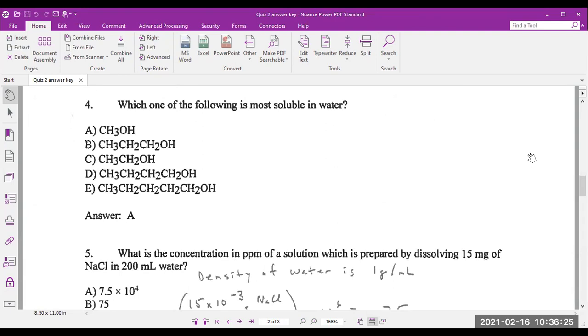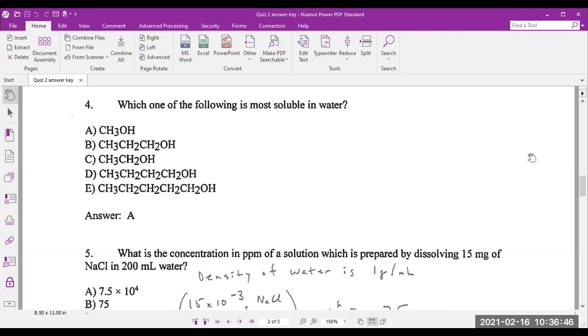Number 4, which one of the following is the most soluble in water? The answer was CH3OH, which is methanol. The key to getting this one correct goes back to question 1, like dissolves like. Water is very polar, so we're looking for the most polar molecule.